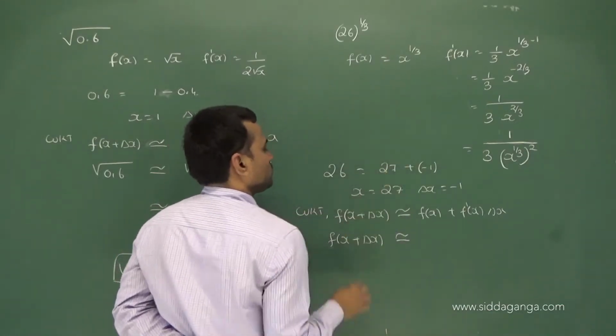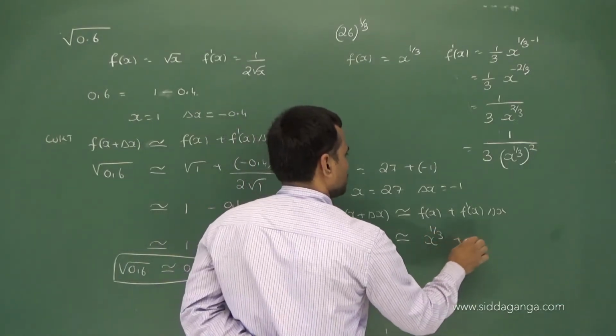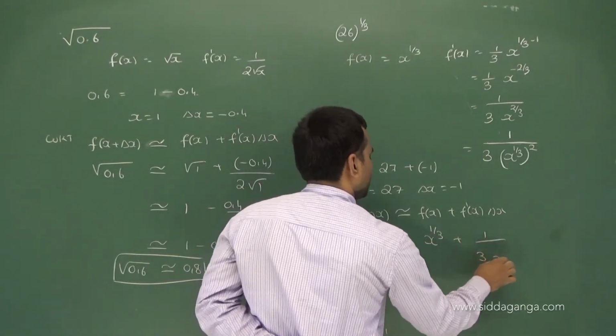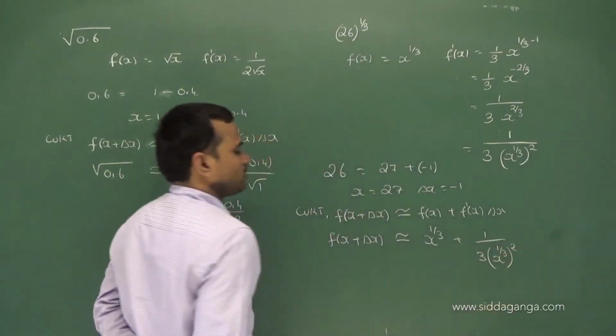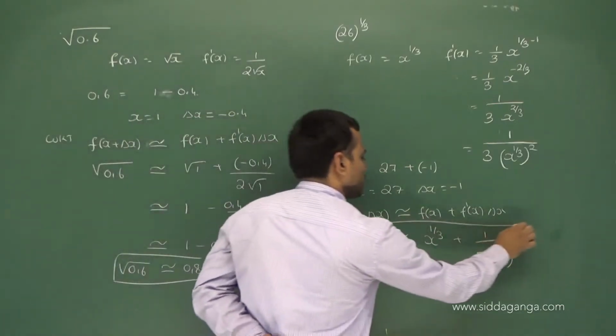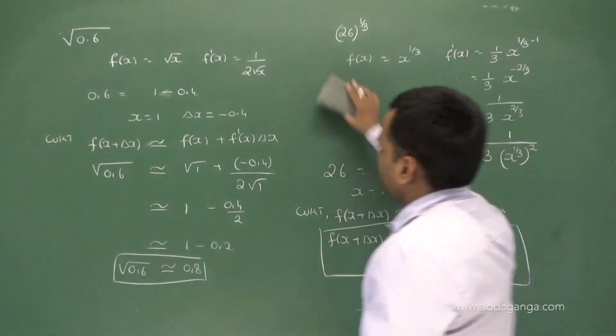First, you substitute the function x to the power 1 by 3, plus 1 divided by 3 into x to the power 1 by 3 whole square. Substitute all the values.